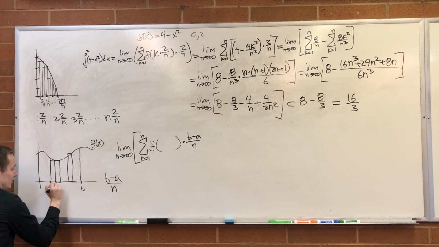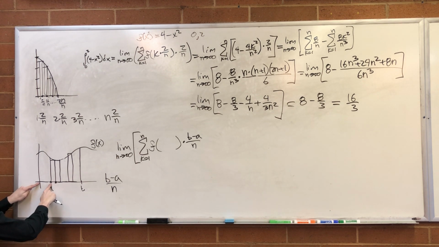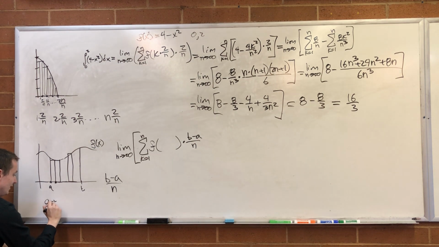So for my first rectangle, what's this right hand point? 1 times b minus a over n, right? What's this distance? B minus A over N. What's this distance? A minus 0, which is a. So what's this distance? A plus b minus a over n.